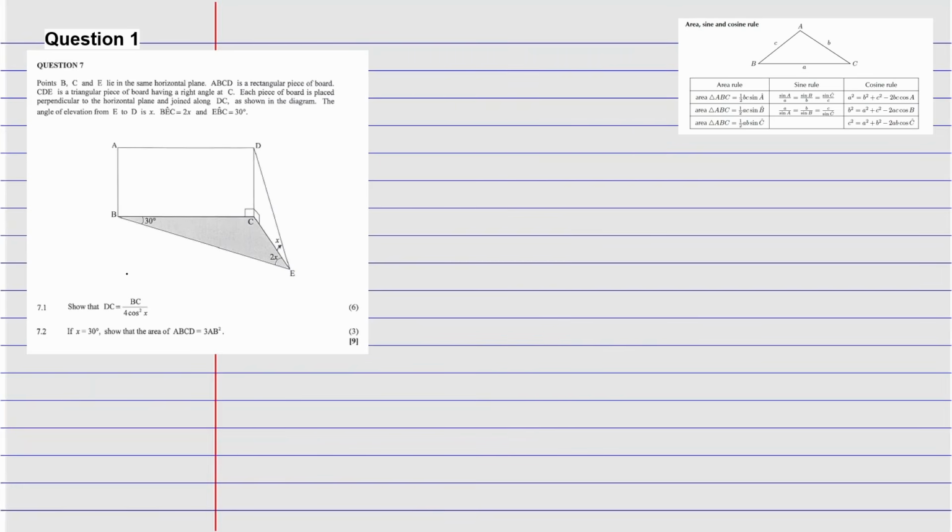So what do we see? We're looking for DC. So I'm going to just put a cross there. Now I'm going to mark here the things that they want. Our answer needs to be in terms of BC.